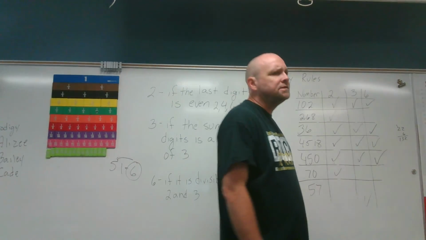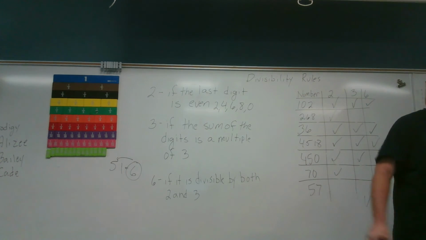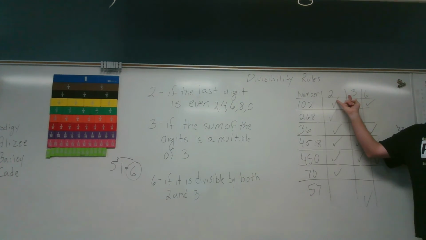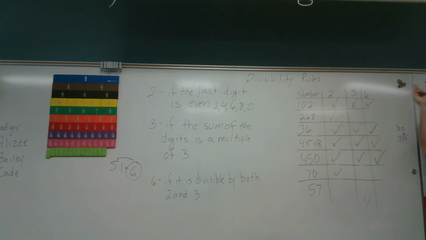Excellent. There is a reason, Cade, that if it's divisible by 2 and 3, it's also divisible by 6. What do you think, Cade? Can you think about what that reason might be?